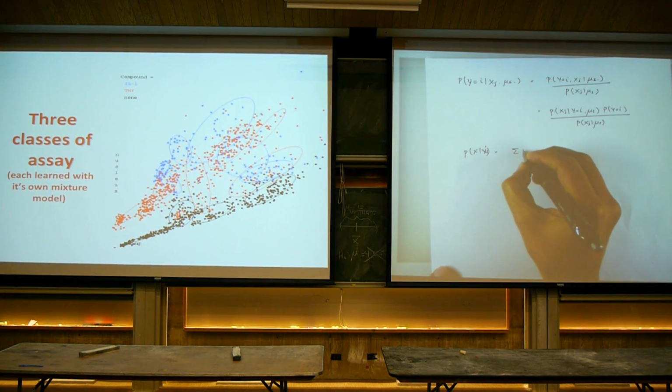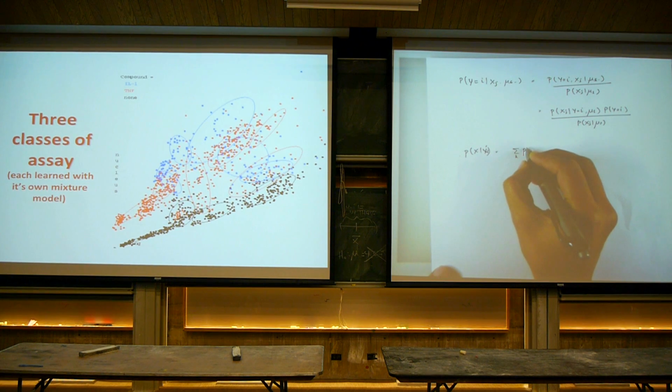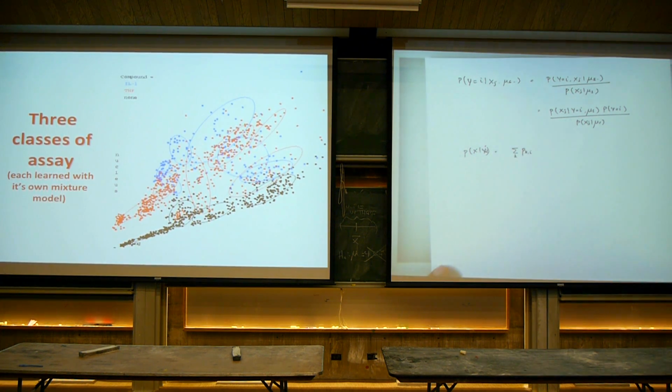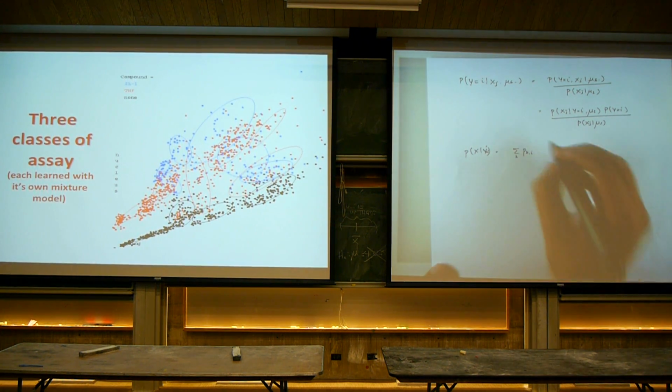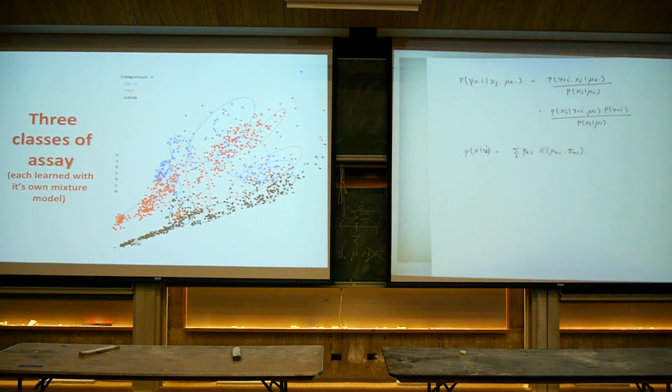So this is summing over all components of that class a certain probability of that component, which could also potentially depend on which class you're talking about, times whatever distribution you assume, say a Gaussian, with a particular mean for that component and for that class. So there are almost 2 indices that index all of these.